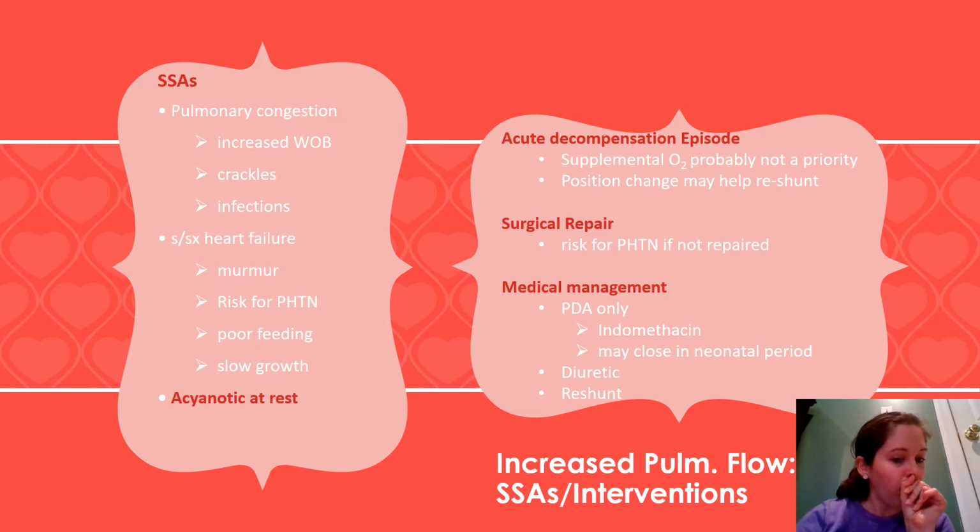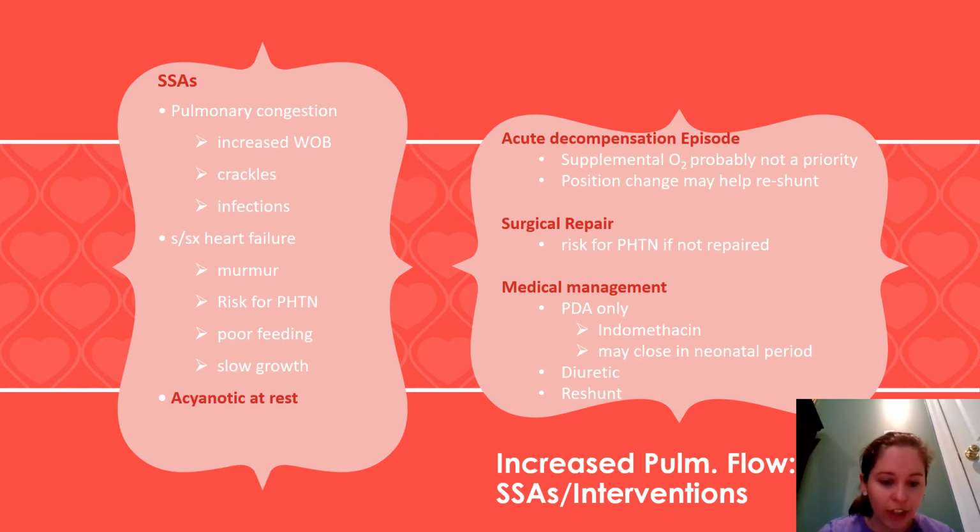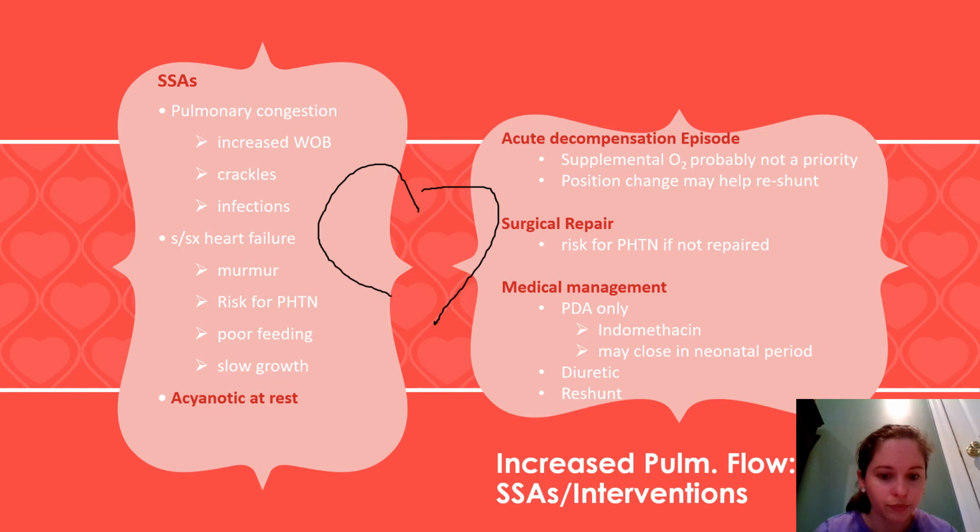Now, there's two types of heart failure. There's left-sided heart failure, and there's right-sided heart failure. If you think about left-sided heart failure, if you think about the heart, we've got this heart here. If we have fluid backing up into the lungs, that's going to be a problem with the left side of the heart.